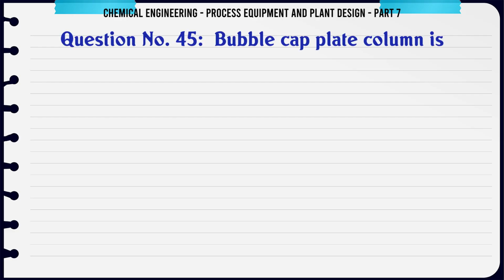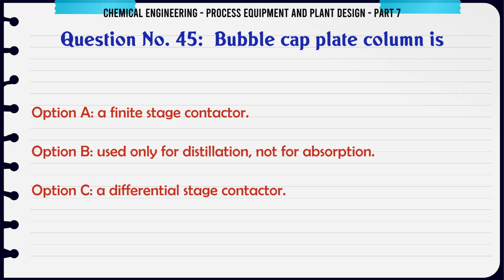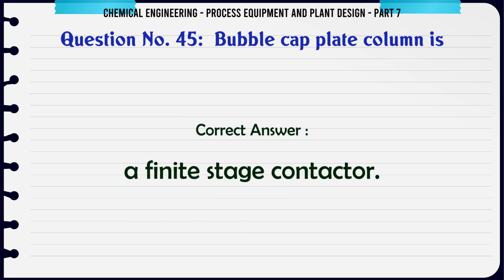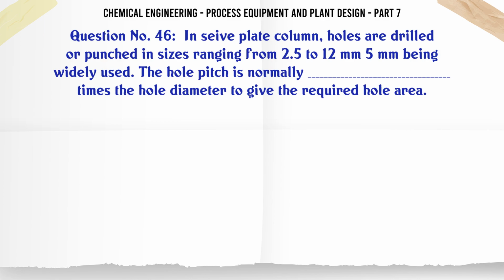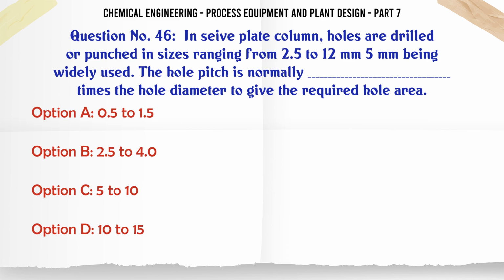Bubble cap plate column is A. A finite stage contactor, B. Used only for distillation not for absorption, C. A differential stage contactor, D. A continuous contactor. The correct answer is a finite stage contactor. In sieve plate column holes are drilled or punched in sizes ranging from 2.5 to 12 mm, 5 mm being widely used.